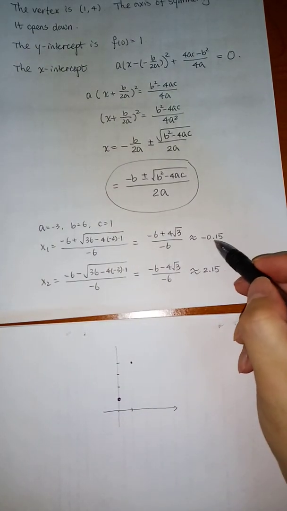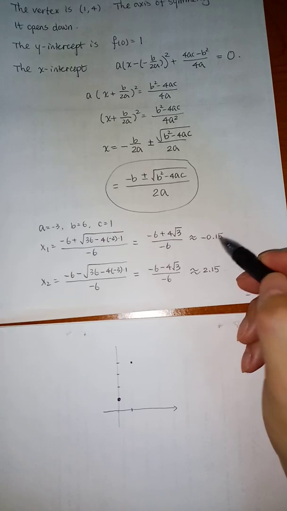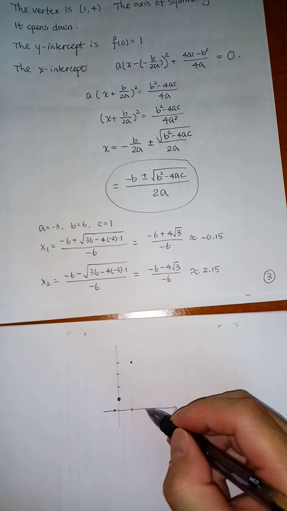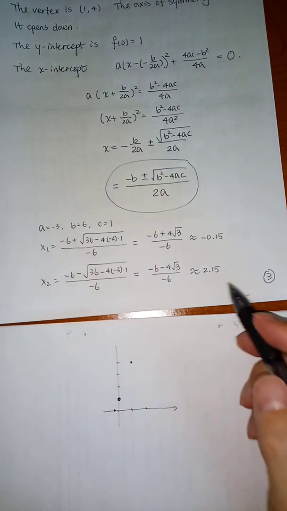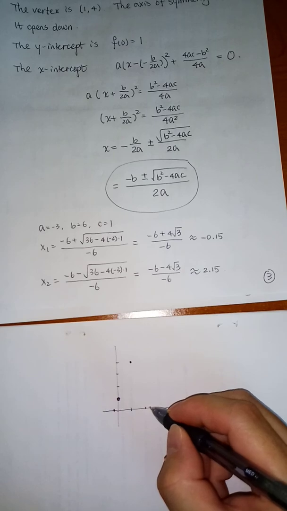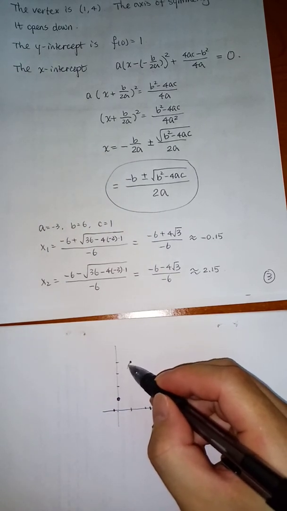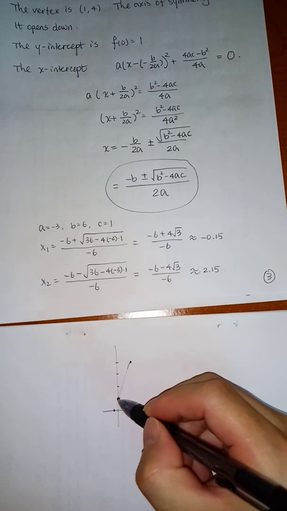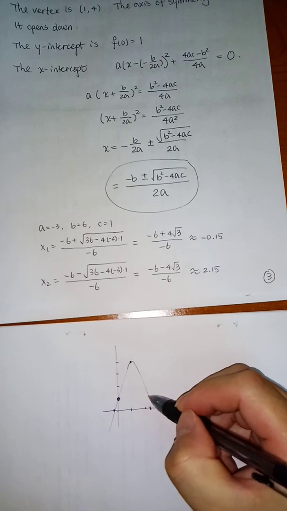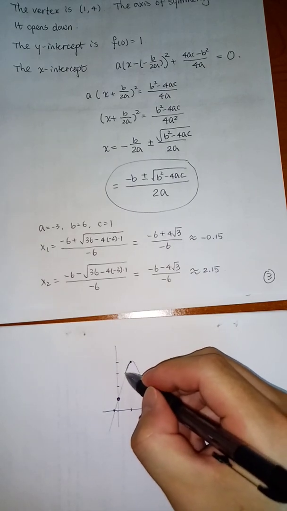And you see here, one x-intercept is negative 0.15. Let's just estimate, negative 0.15. And the other one is 2.15. It's here. Okay, so we just try to make it smooth.